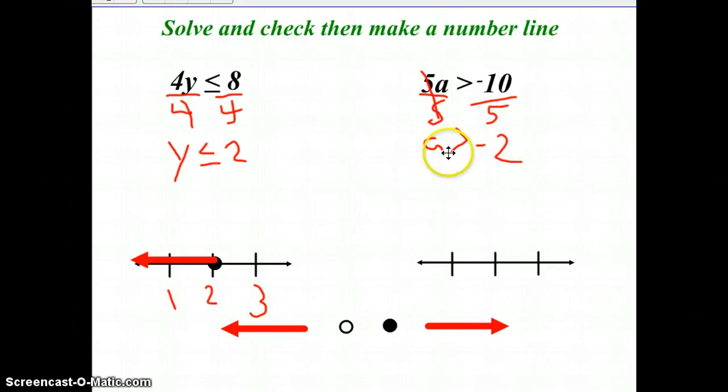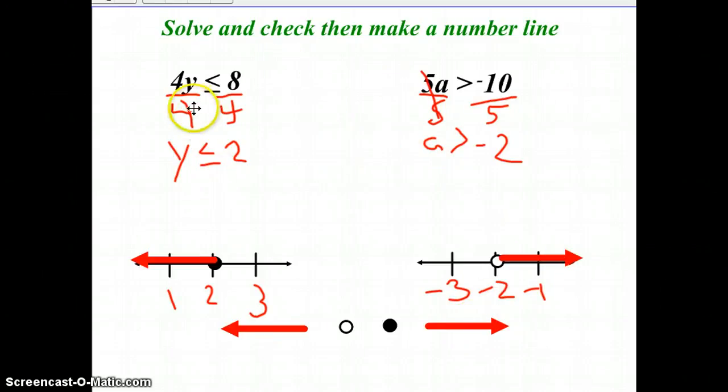Here we have a is greater than negative 2. Oops, I'm forgetting to draw my number line, so let's put negative 2, negative 1, and negative 3. Okay, we have an open circle, and we have our arrow going in the same direction.